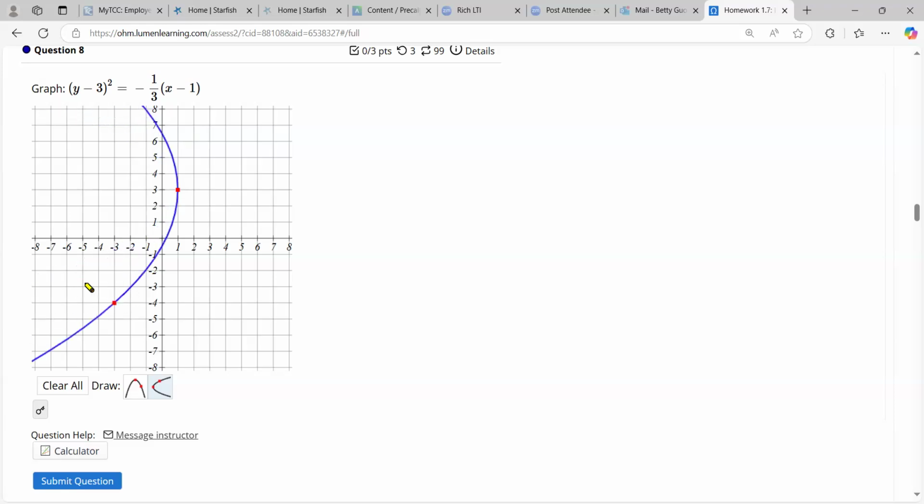I changed my mind here. Because I saw that this parabola crosses the y-axis, this time help me find the y-intercept. Okay, we can do it together.